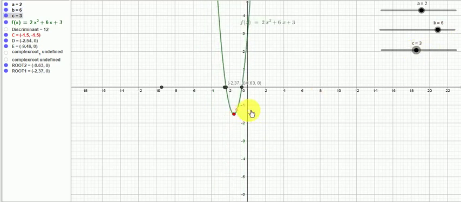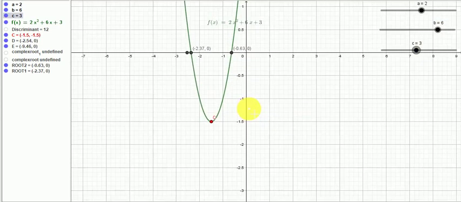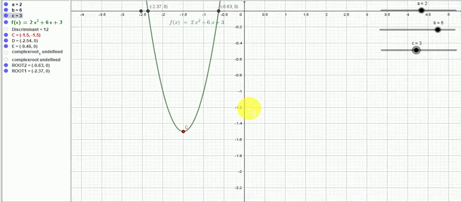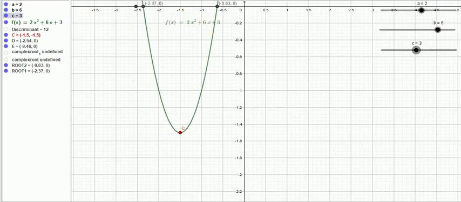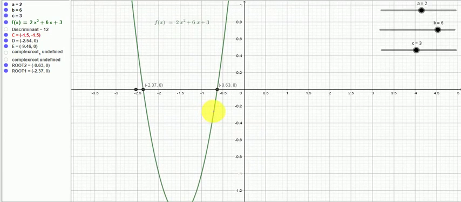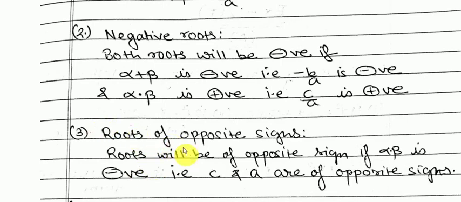Okay, so see this one. Both the roots are negative, and the reason is that here minus b upon a is negative and c upon a is positive. That's why both the roots are negative. So both the roots are going to be negative if minus b upon a is negative and c upon a is positive.